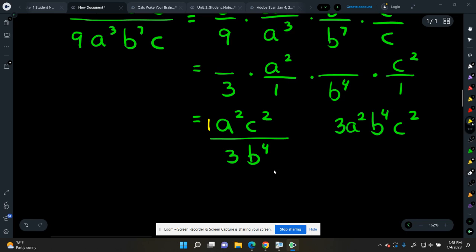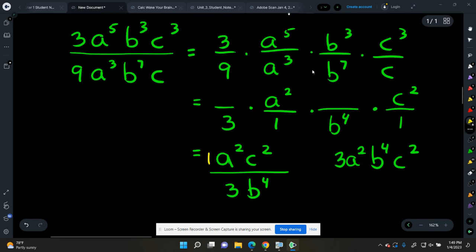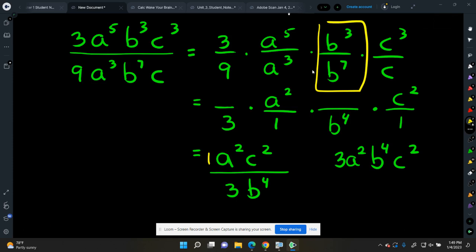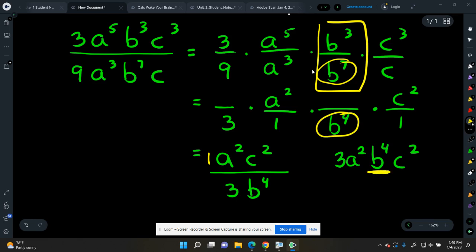If you look at this right here, I have 3 b's on the top and 7 on the bottom. So I'm not going to be left with 4 on the top. The b's that are left are on the bottom. So they have to be down here. If you leave it up there, that means that there were more b's on the top. So we have to be careful about that, right? So we have b to the fourth on the bottom, and when we draw our line straight across, those b's are on the bottom, right? And then also the 3 is on the bottom.